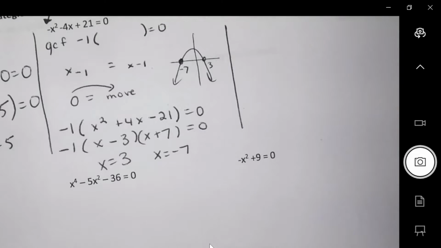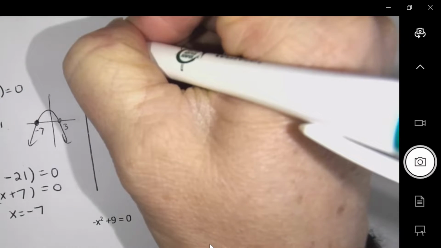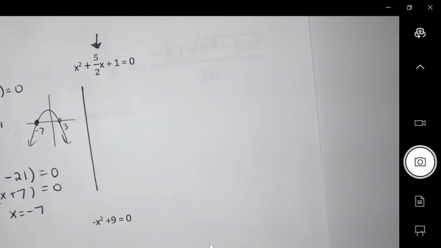Okay, number 3. What is the awkward thing I don't like in this? I don't like this fraction. So I'm trying to think, how could I make that look better? What could I do to get rid of that fraction in math? How do you get rid of a fraction 5/2?